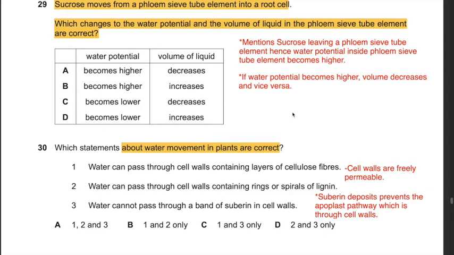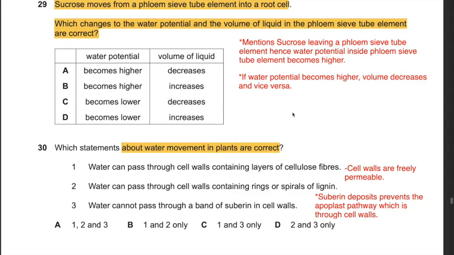Because if sucrose is leaving a phloem sieve tube element, then the water potential inside the phloem sieve tube element will become higher. As you recall the process of loading and unloading of sucrose, if you load sucrose into a phloem sieve tube element, the water potential decreases. If unloading occurs, that is sucrose leaving a phloem sieve tube element, the water potential inside the phloem sieve tube element becomes higher. Hence, the answer being either A or B, water potential becomes higher.